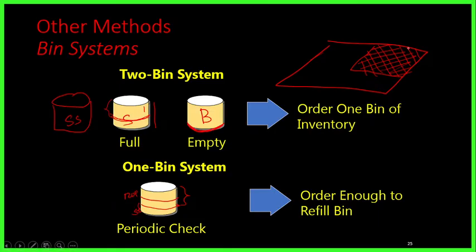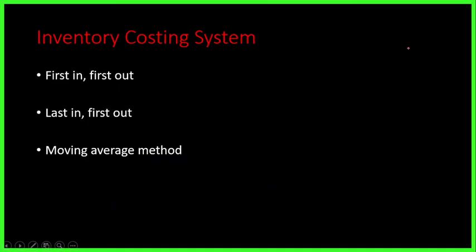Okay, so ayun lang. Now, talking about inventory management and controls, hindi natin maiiwasan din yung discussion on inventory costing system. Now, there are different types. For the purpose of our discussion, we will just talk about first in, first out, last in, first out, and then you have the moving average method. Paano ba to?